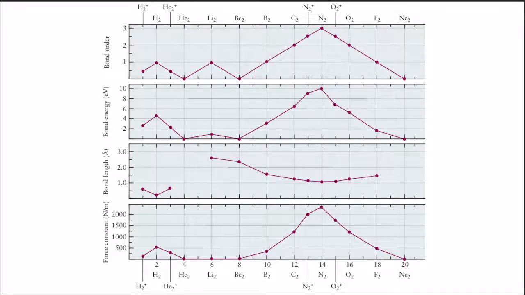So based on the electronic structures, just like we saw with the atoms, once you put the electrons in, you get periodic trends and so on. The same you can do with the first row diatomics and then the second row diatomics, and you can see how bond order increases and then decreases, and so bond energy increases and decreases, bond length decreases and then increases, and force constant increases and then decreases.